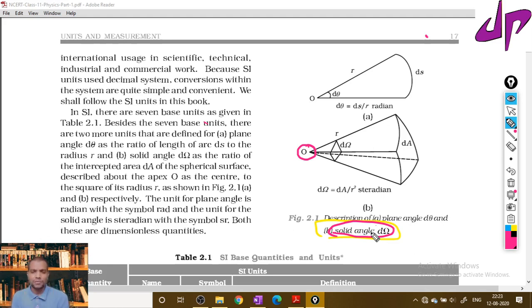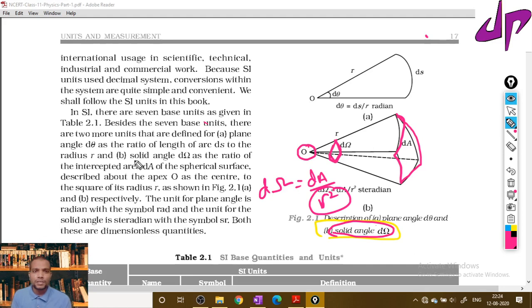That is the one and only difference. Here, in place of ds, you get an area, because we are assuming three dimensions. Now the angle made by this part, d omega, equals dA by r square, the radius squared.